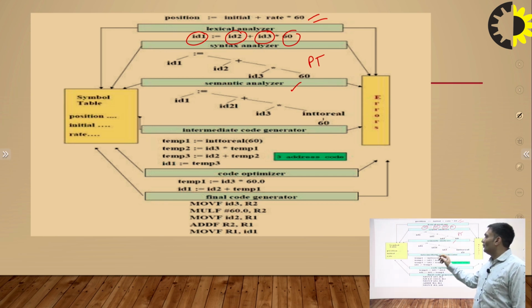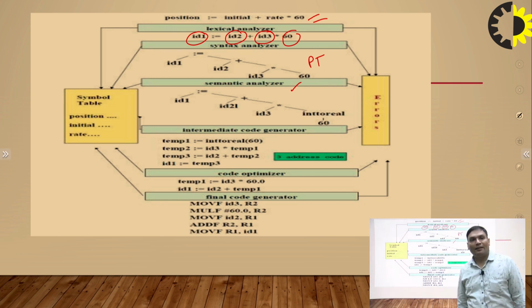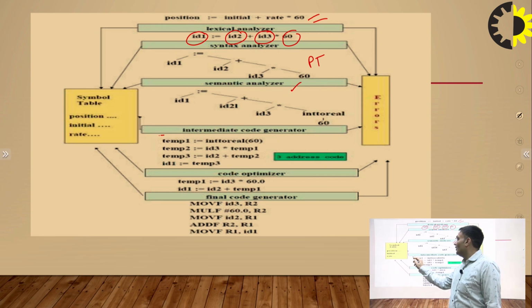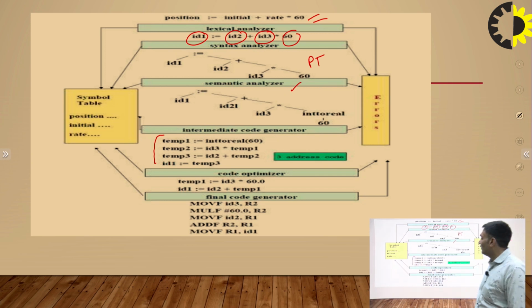Here the program is divided into some temporary representation. So intermediate code generation produces temporary code that may be utilized further, and here we can see a 3 address code instruction.